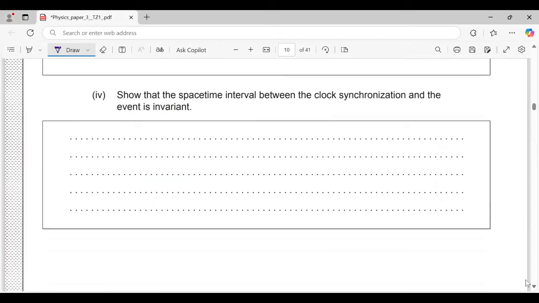Show that the space-time interval between the clock synchronization and the event is invariant, right? So the space-time interval we can determine through this formula: s squared equals ct squared minus x squared. And this ct is 1 squared minus 3 squared, equal 1 minus 9, and it is minus 8. So s squared equals minus 8. Invariant.